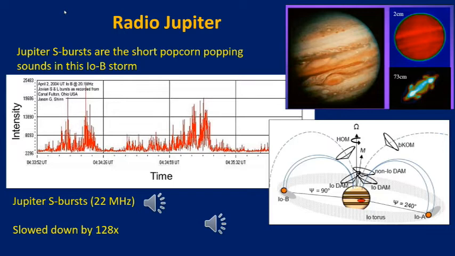These emissions are similar to auroral emissions on Earth and at the other magnetic planets. You get auroral-type radio emission coming from the Io plasma torus as a source.